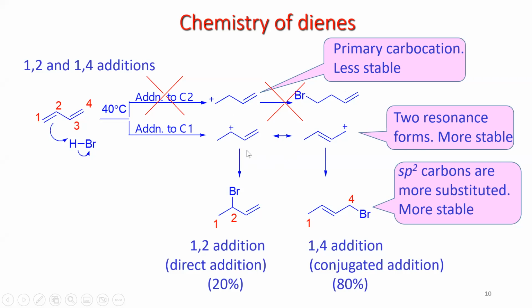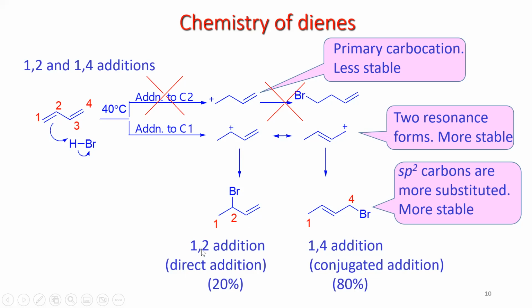These two resonance structures can separately undergo addition. If this secondary carbocation undergoes addition, it will give you the 1,2 addition product. We call it direct addition, right? And if the other resonance structure undergoes the HBr addition, it gives 1,4 addition.